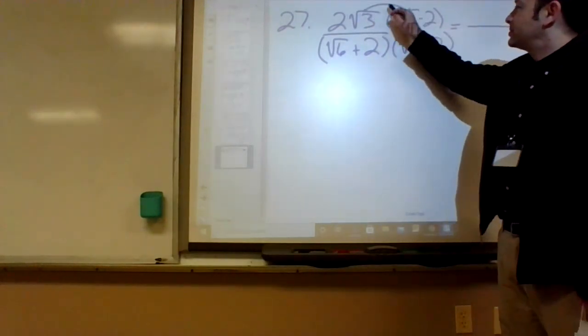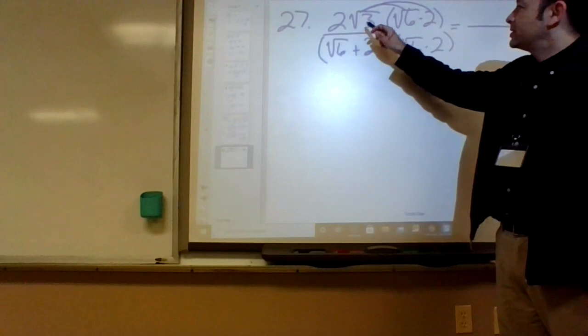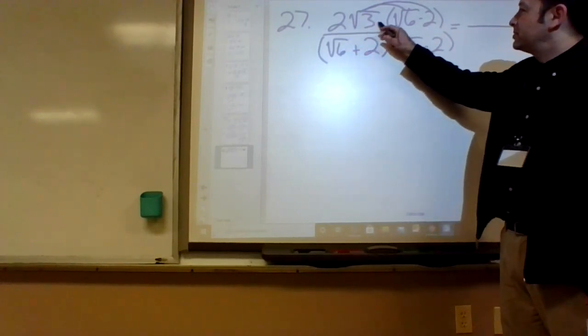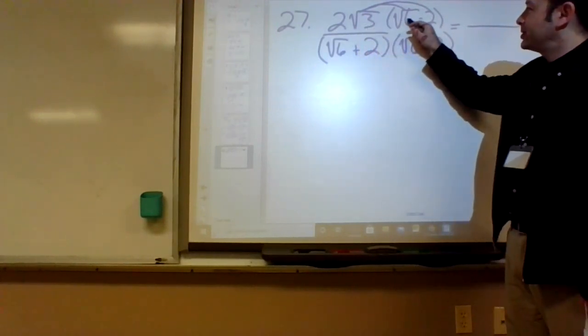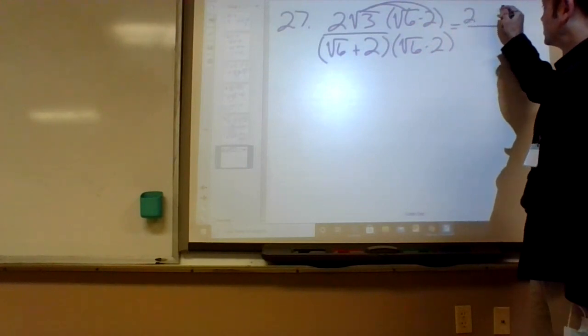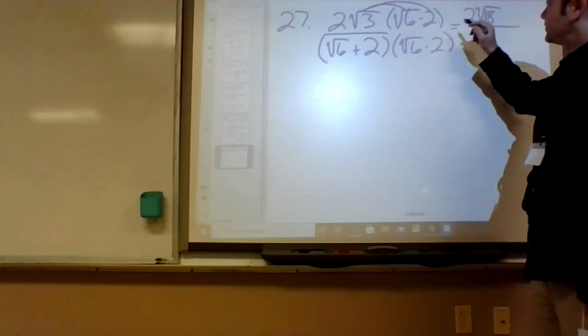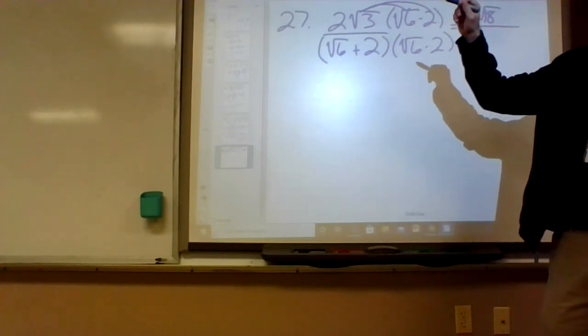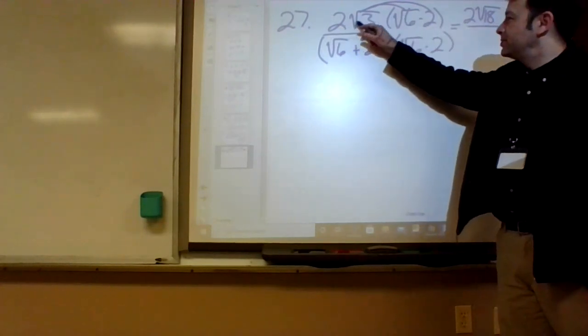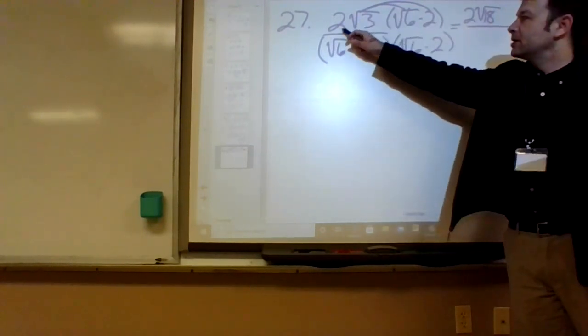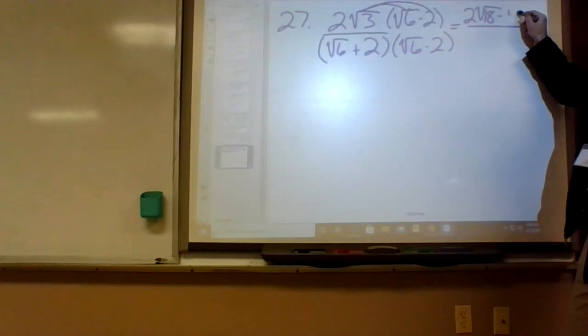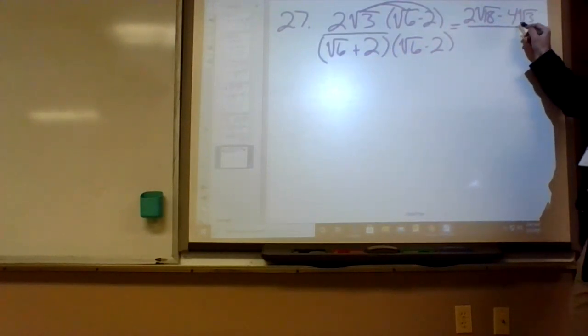Top, remember, it's distributive. So it's 2, and then square root of 3 times square root of 6 is square root of 18. We'll have to come back to that because square root of 18 simplifies, right? And then 2 times 2 right there is 4, so it's minus 4 square root of 3.